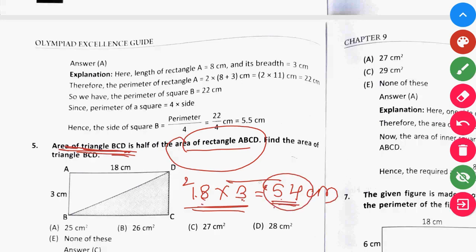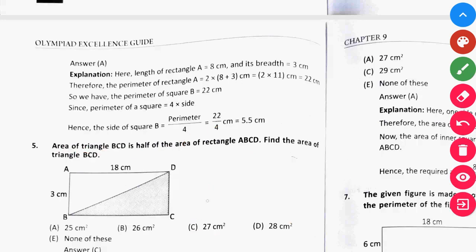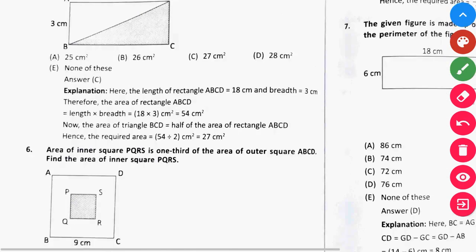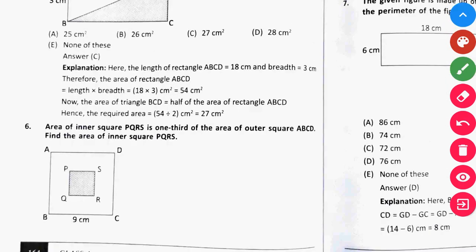So 18 3s are 54. So rectangle's area is 54 centimeter square and triangle's area is half of that rectangle's area. So 54 divided by 2, that is 27 centimeter square is the area of triangle. Because we don't have formula for area of triangle. We have formula for area of square. We have formula for area of rectangle.